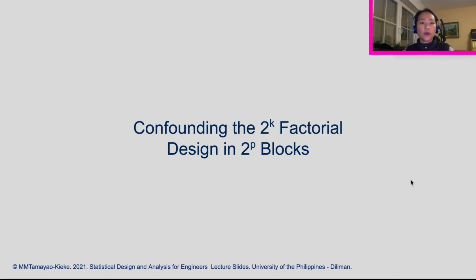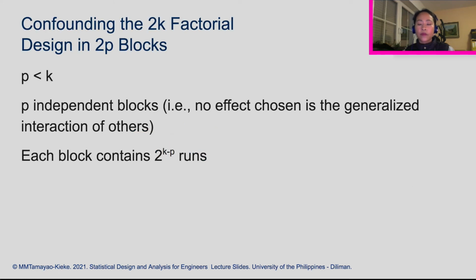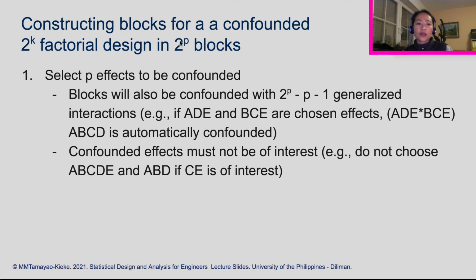Okay, so now let's move on to confounding the 2 to the k factorial design in 2 to the p blocks. So p is less than k, and we have p independent blocks, which means that no effect chosen is the generalized interaction of the others, and each block would contain 2 to the k minus p runs. What is the general method for constructing blocks for a confounded 2 to the k factorial design in 2 to the p blocks?